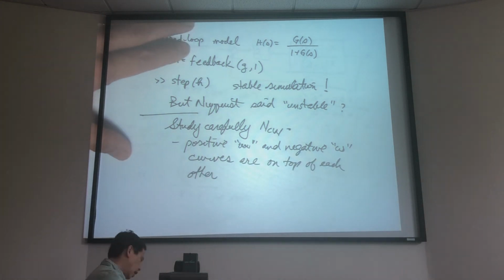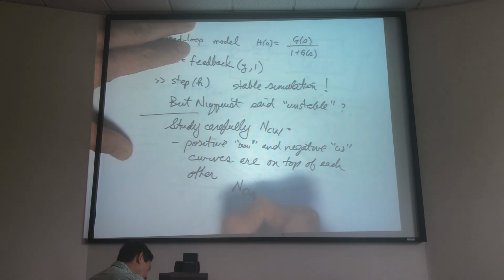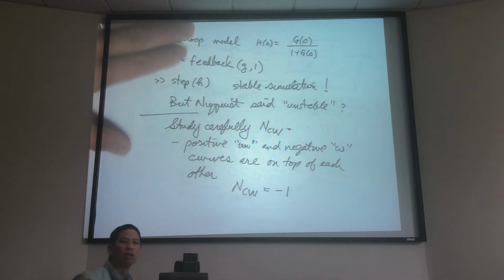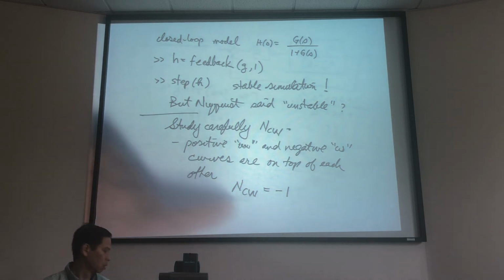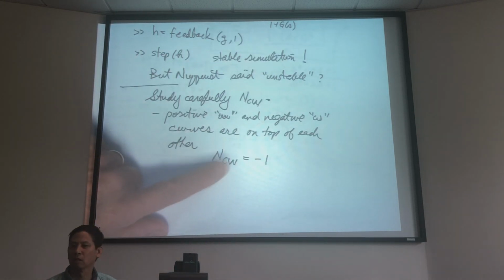So if that is the case, we thought that N clockwise is equal to -1. Now that we have this additional piece of information that the two curves are on top of each other, what will we say about this? It would probably be -2.